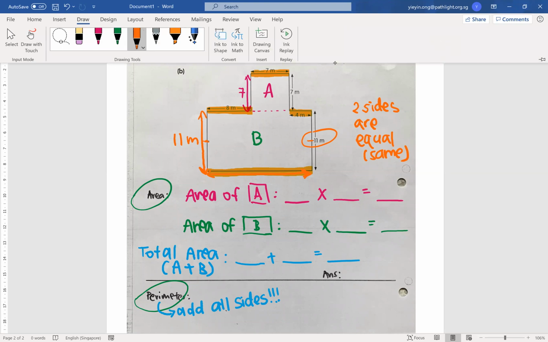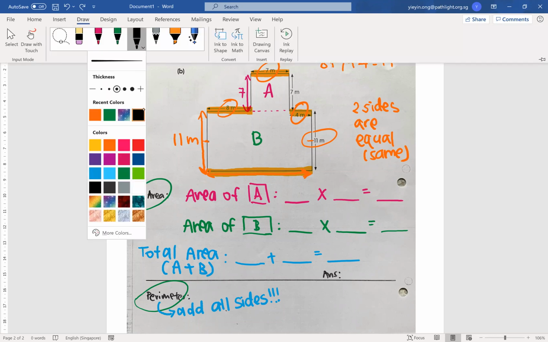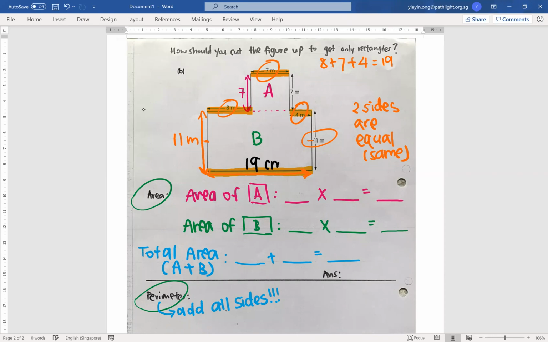In this case, 8 plus 7 plus 4. That will give me 19. 8 plus 7 is 15. 15 plus 4 is 19. So this bottom part of rectangle B is 19 centimeters. Okay, so now we have all the unknown sides of this composite figure.